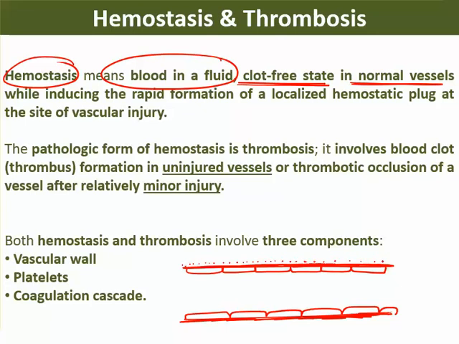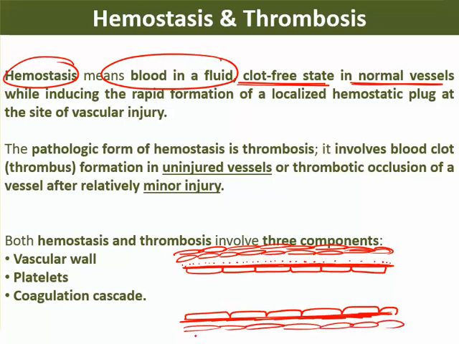Then, depending upon the type of blood vessel, they may have an elastic layer or not, and they have layers of smooth muscle. We already discussed all this, right? Any doubt in this? You all know this, right?